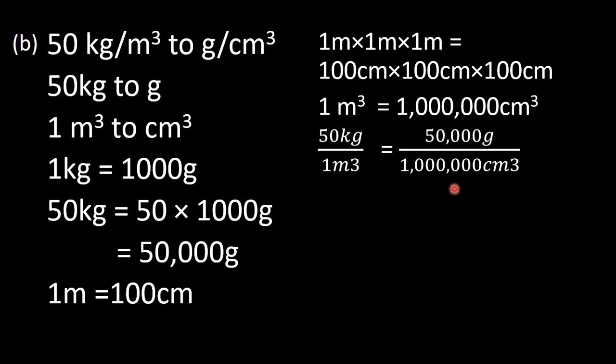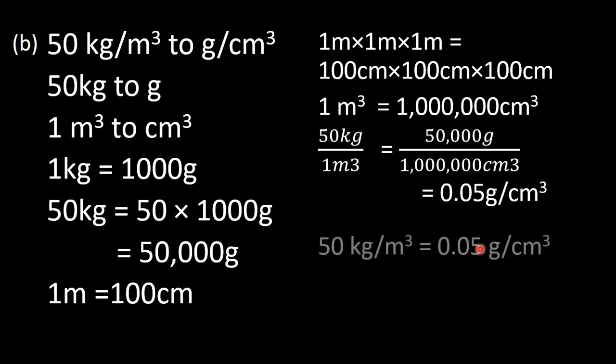Now 50,000 divided by 1 million is 0.05, and grams divided by cubic centimeters is the same as grams per cubic centimeters. So we shall have 0.05 grams per cubic centimeters, which implies that 50 kilograms per cubic meters is equivalent to 0.05 grams per cubic centimeters.